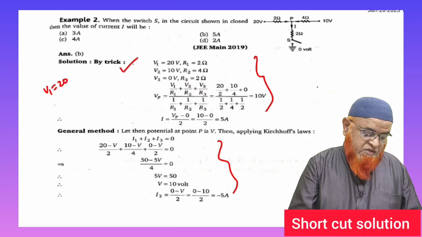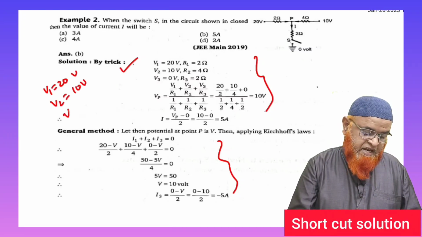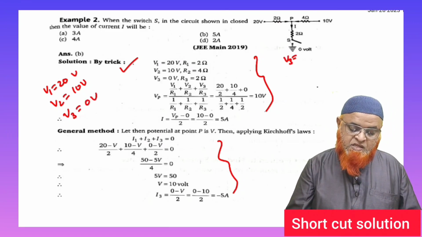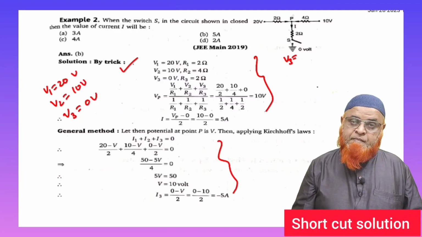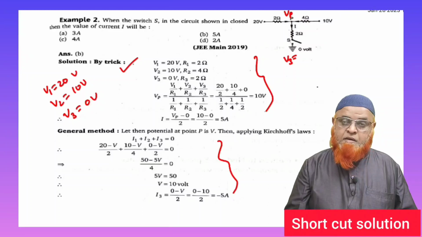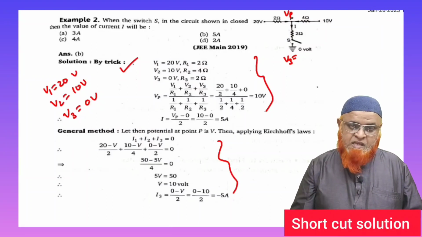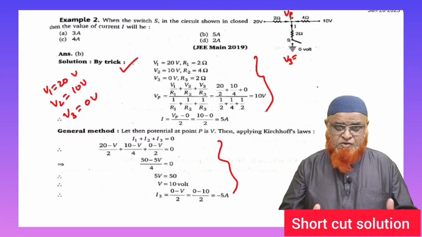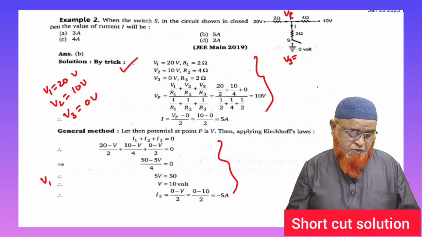You all know that V1 is 20 volts, and let us imagine V2 is 10 volts, and let us take this as V3, which is 0 volts because this is ground. So V3 is 0. Let us imagine how you are going to find the voltage across P, which I am showing in the diagram. The easiest technique, which you might not have seen in any of the books, I am going to teach you.